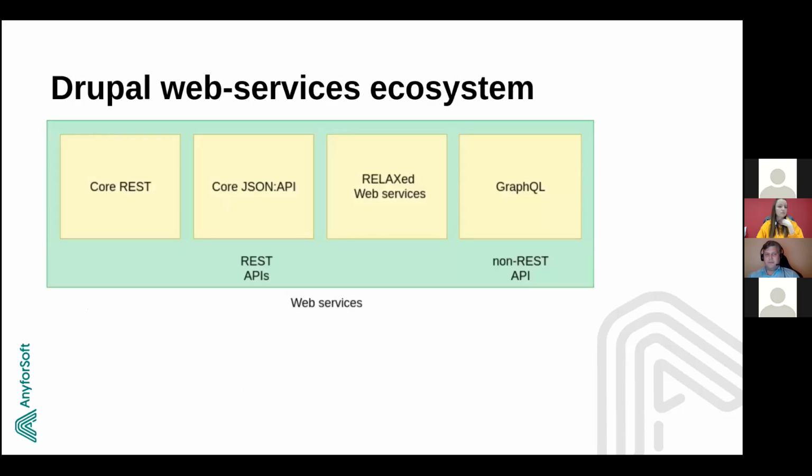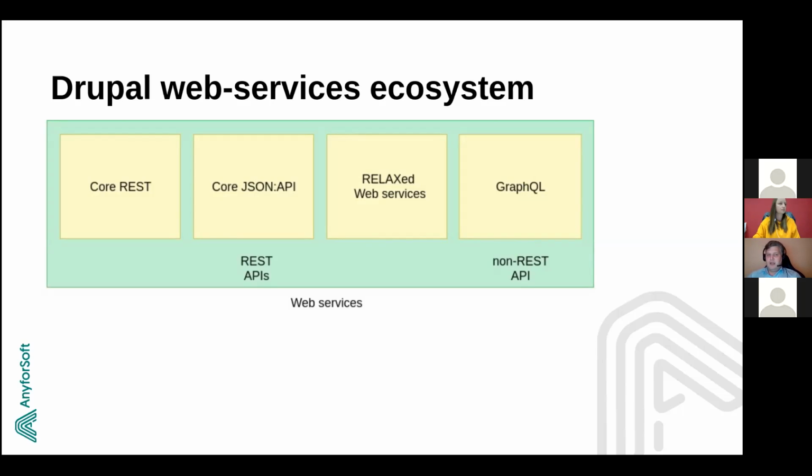So here we go. Let's talk about the Drupal web services ecosystem. For Drupal, we have several kinds of web services, APIs which could provide services for data exchange. There is core REST and core JSON API. As you know, JSON API was a separate module before Drupal 8.8.